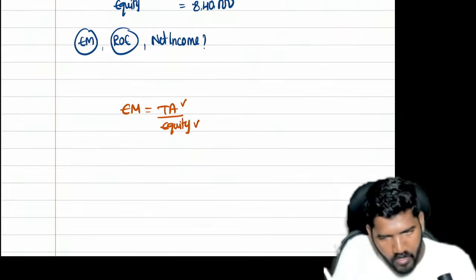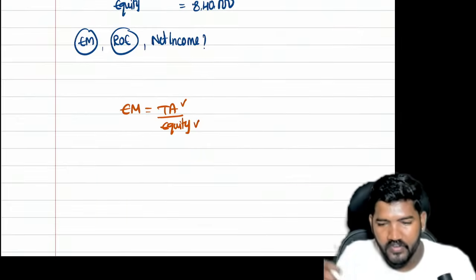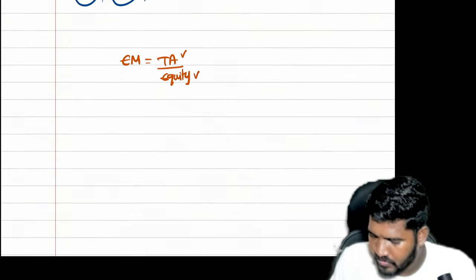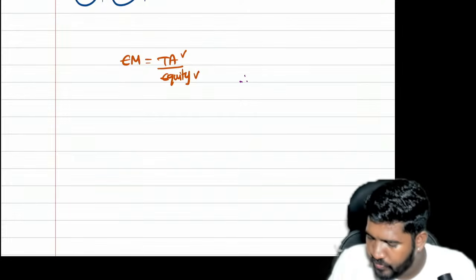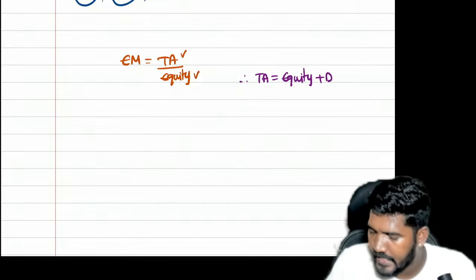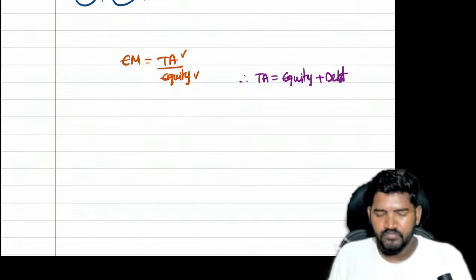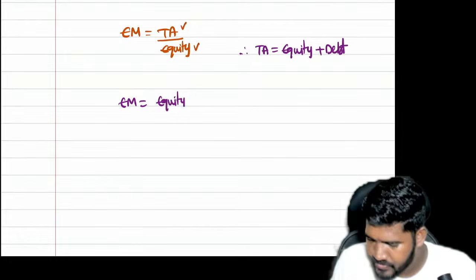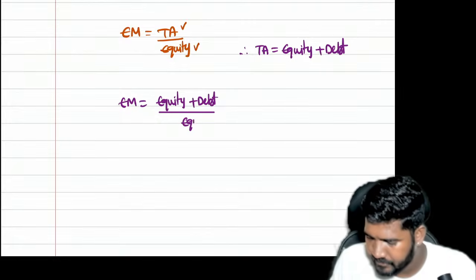Even so, there is something you have to learn for the calculation. Observe what I am doing. Total assets equals equity plus debt. Now, equity multiplier equals equity plus debt divided by equity.